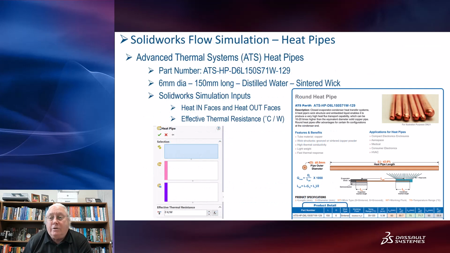And here is a data sheet from ATS. This one I chose uses distilled water. So it's a hollow copper tube, and on the inside it's got this centered wick porous material that uses capillary action to pull the water out of the hot end. The left end would be the end that's getting hot.